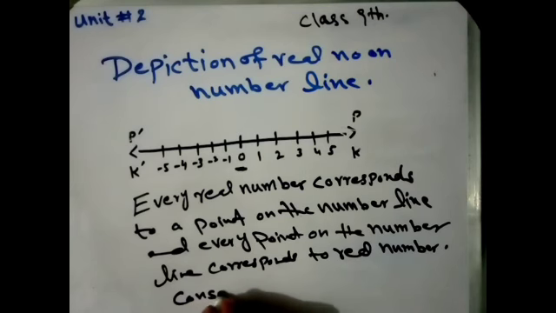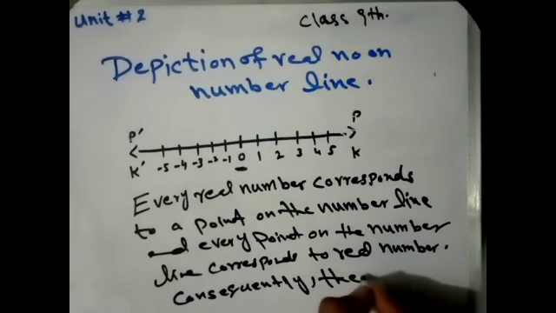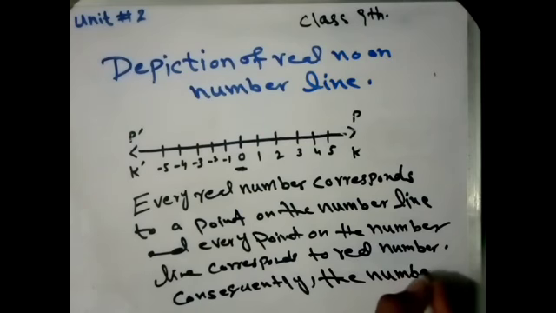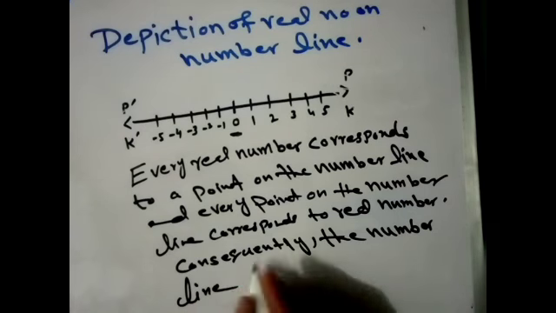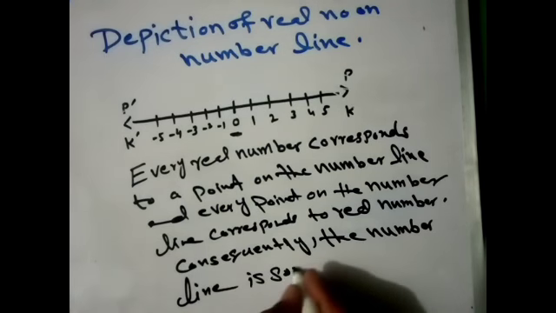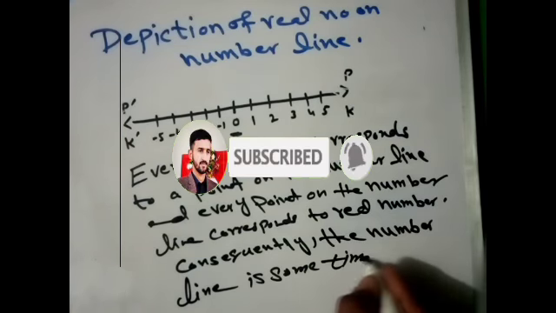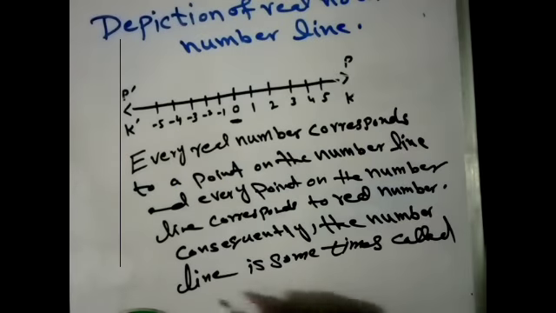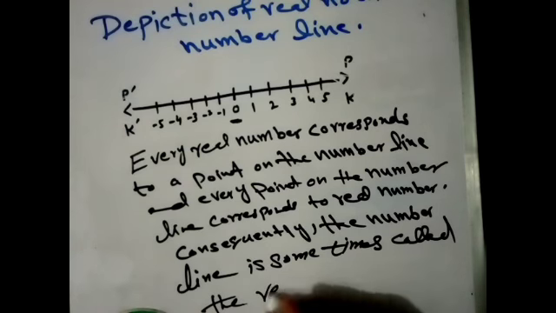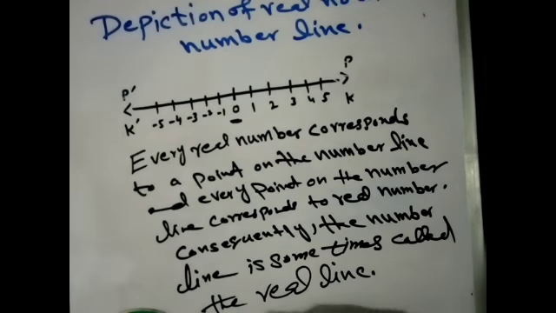Consequently, the number line is sometimes called the real line. So this is the basic definition of the real line.